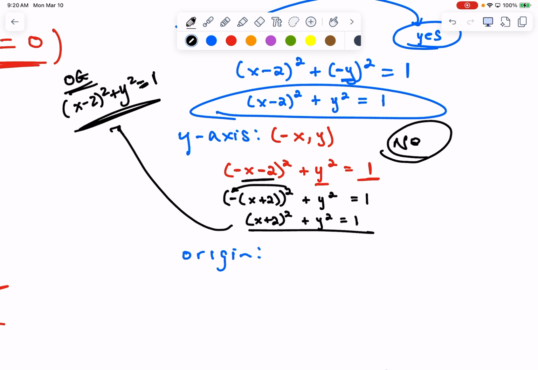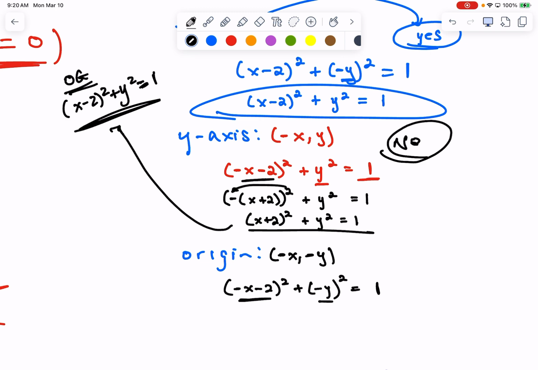So when you plug in negative x here, you'll have (-x - 2) squared, and you plug in negative y because you do both here. You do negative x and negative y. The thing is, I can get rid of the negative on the y squared, can't you? And I can get rid of the negative on the x, but you had to factor it out, so does it change the equation?